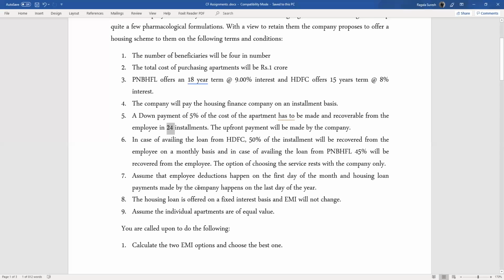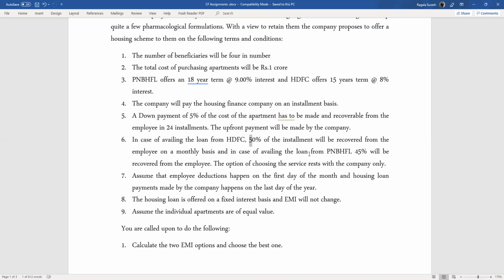Why 0.5? For the installment amount also, the company is paying 50%, right? In case of availing the loan from HDFC, 50% of the installment will be recovered from the employee on a monthly basis. The 5% which we deducted from the principal amount will leave 95 lakh, right?